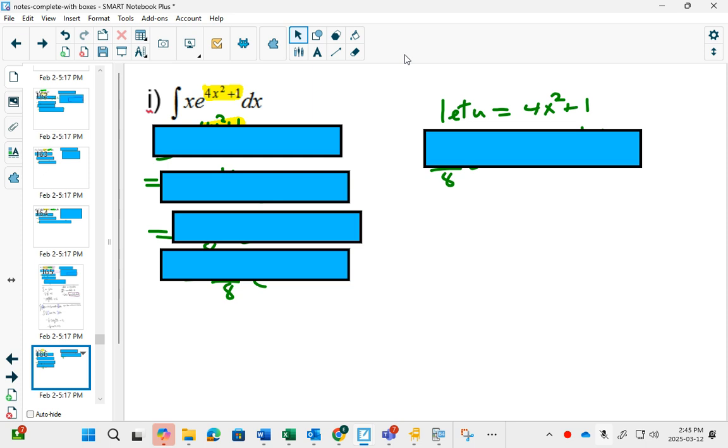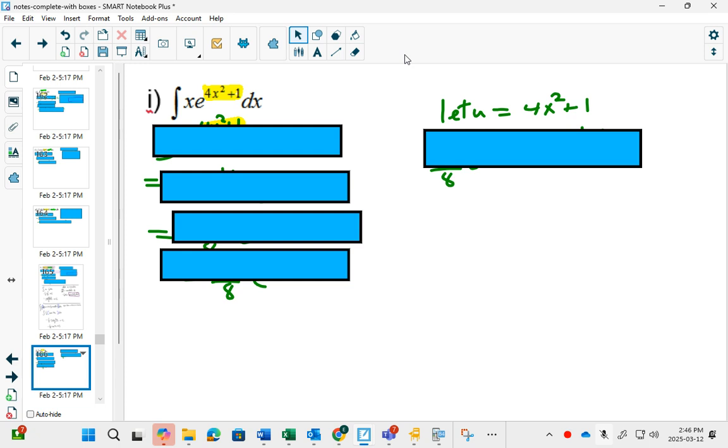So it's just the 4x squared, but you need to make your u the 4x squared plus 1. Now, what's the derivative of that inside function? It's 8x, but we don't have 8x, but we do have the x. So as long as you have the meat and potatoes of the derivative, like the important variable parts, the numbers in front and the coefficients you can manipulate.